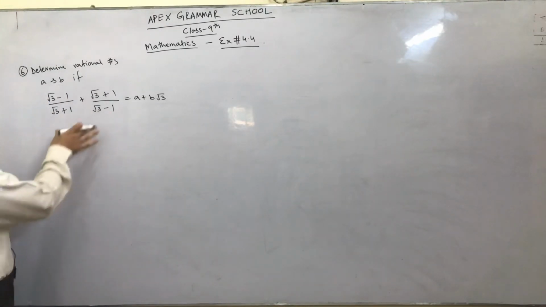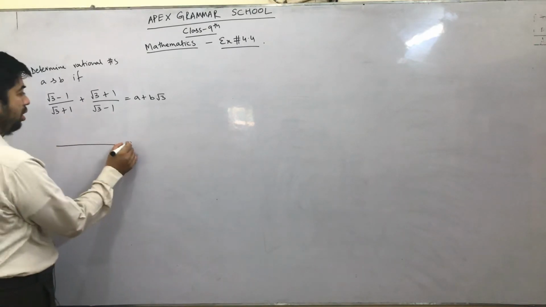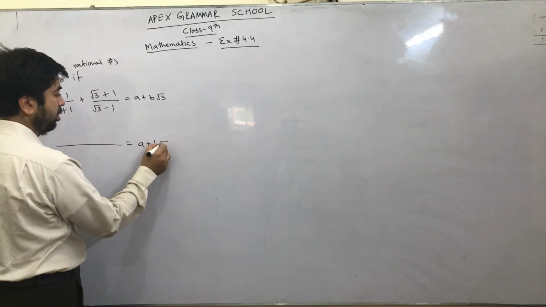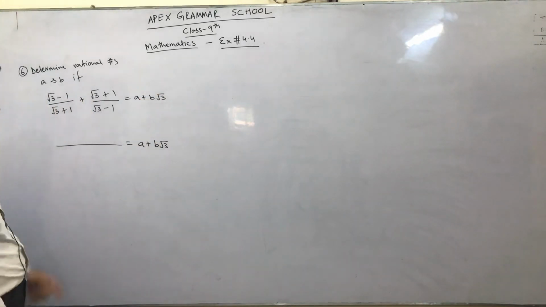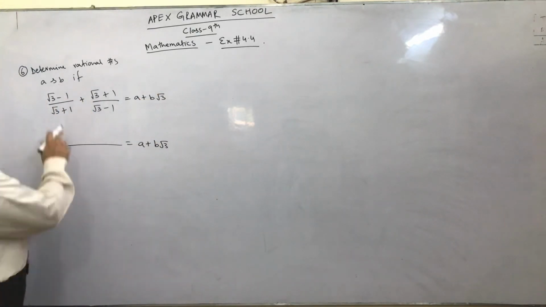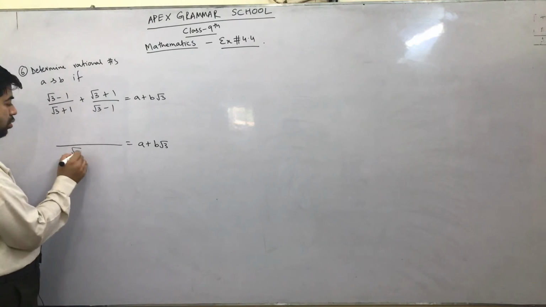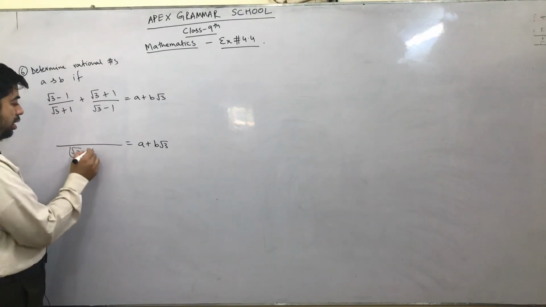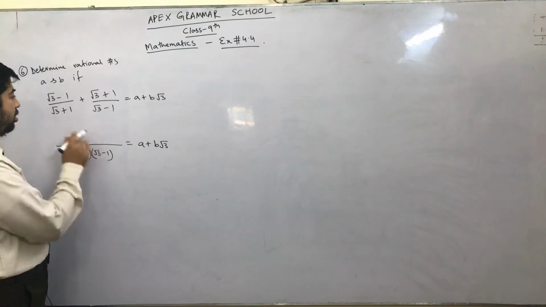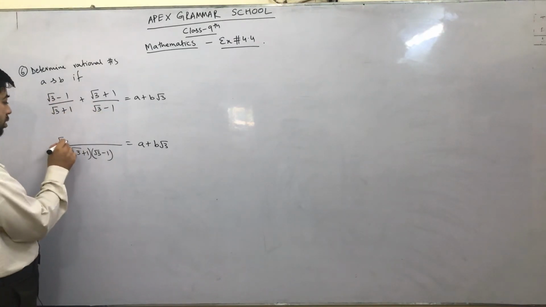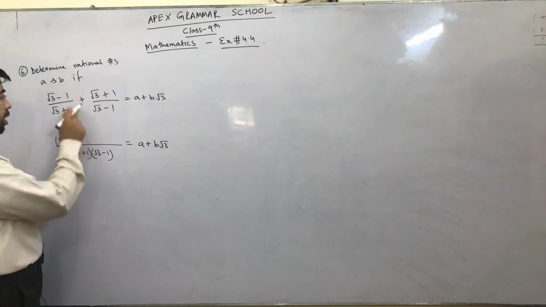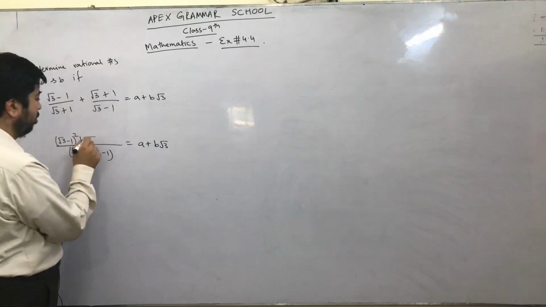How? You just have to take LCM first and write this A plus B under root 3 as it is throughout the question. So what will be the LCM here? You see that both are different things, square root 3 plus 1 and square root 3 minus 1. So this will be square root 3 minus 1 whole square plus square root 3 plus 1 whole square.